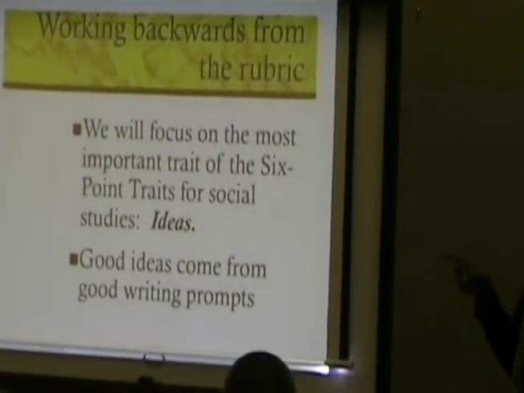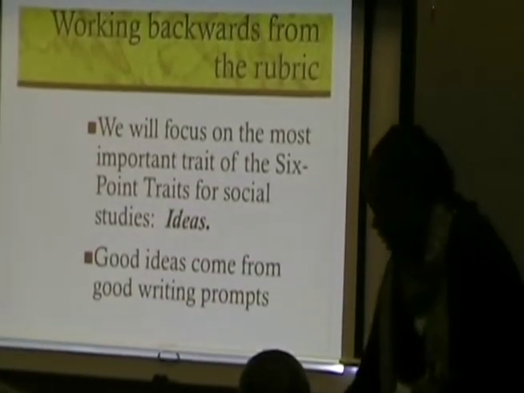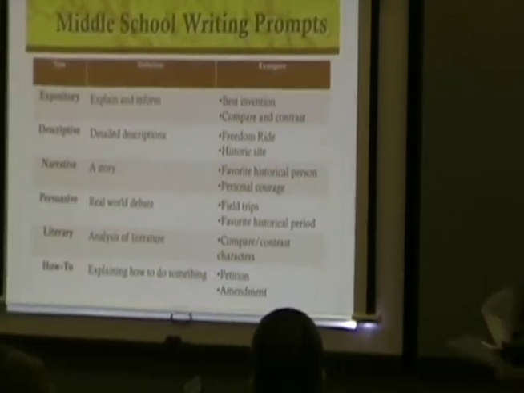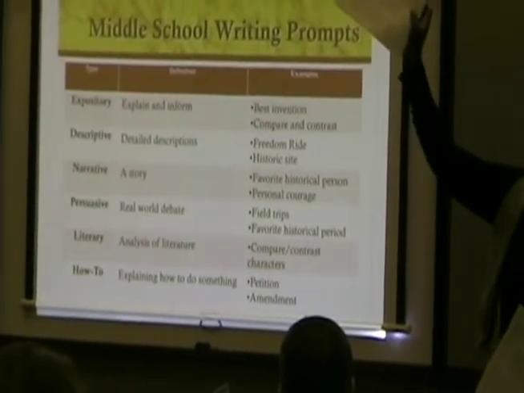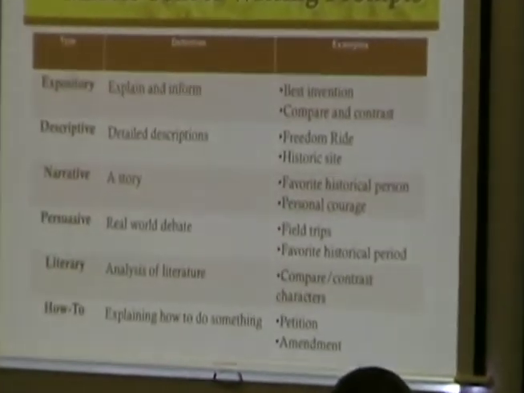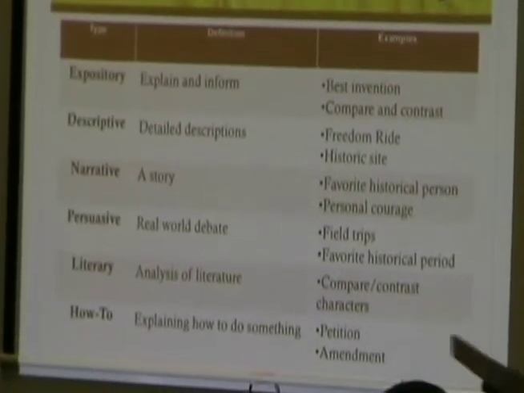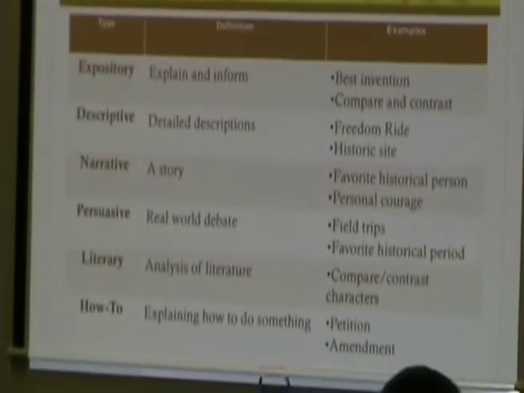Good ideas come from good writing prompts, right? Generally speaking. And so on this sheet that I passed out, you'll see some good examples. I just use middle school because it's still in the middle, so there's high school and elementary school. So there are going to be generally 6 types of writing, right?